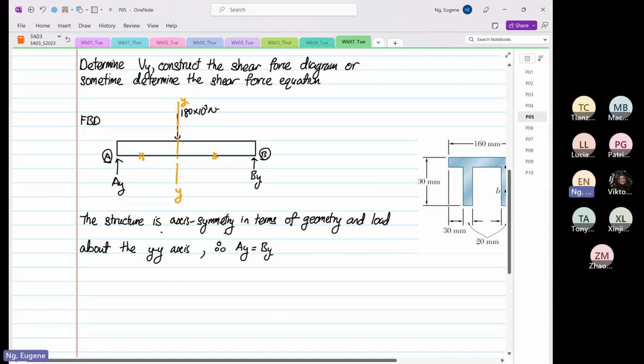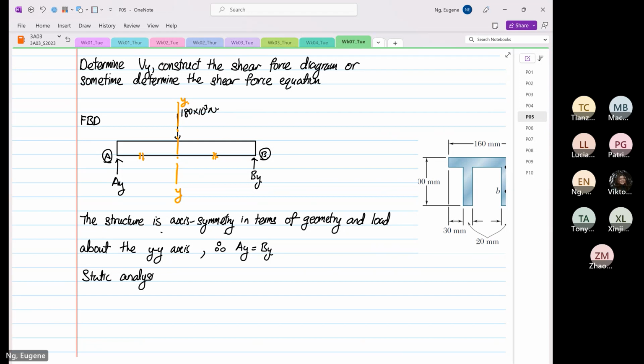So now when we do static analysis, the summation of forces in the y direction is equal to 0. We have AY plus BY minus 180 times 10 to the power 3 is equal to 0.